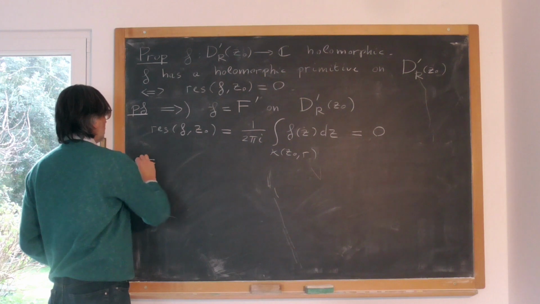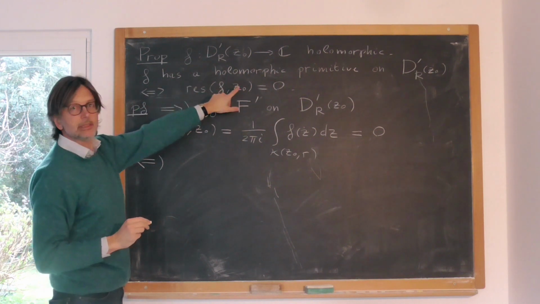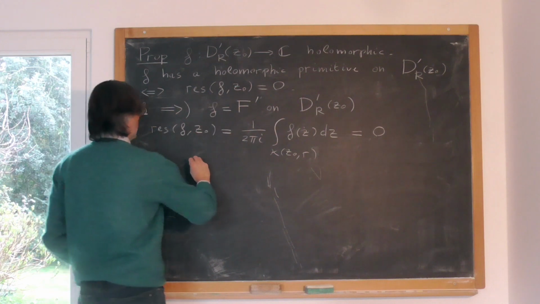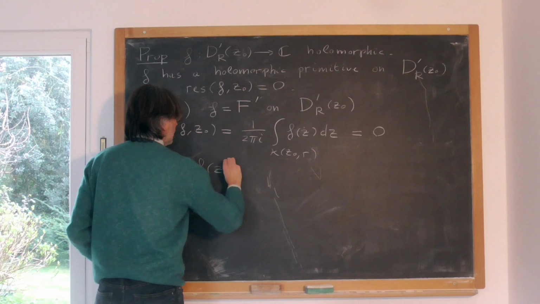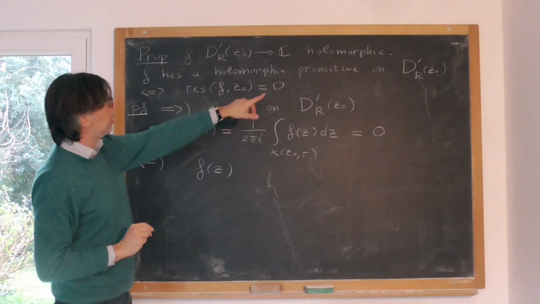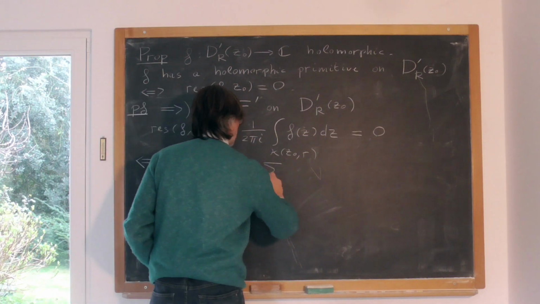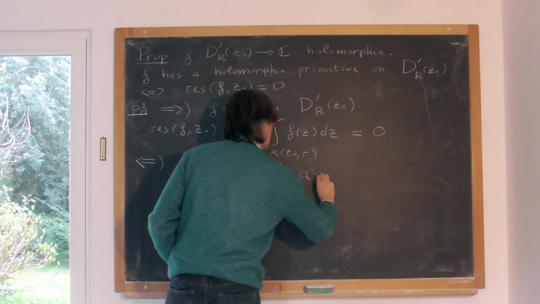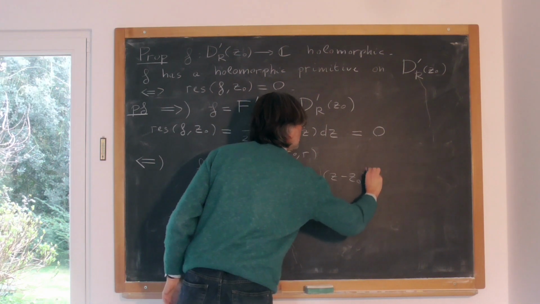Conversely, let's assume that the residue is 0. In other words, we are assuming that if we write down the Laurent series expansion for f around z naught, we obtain something of the form the sum of a n times z minus z naught to the power n.